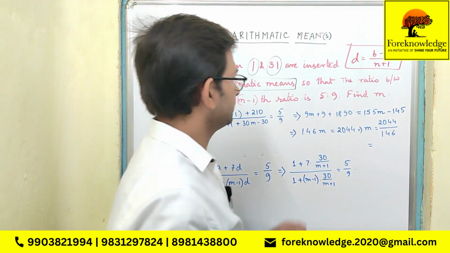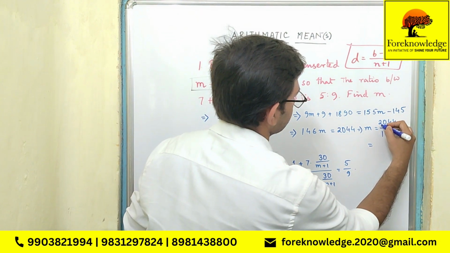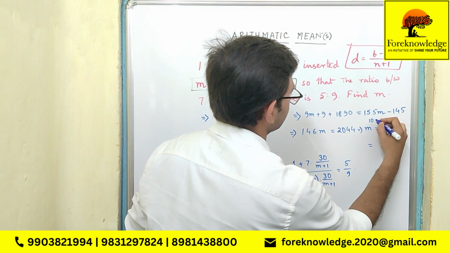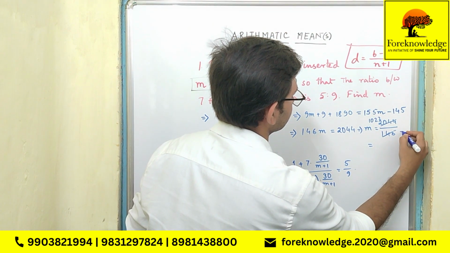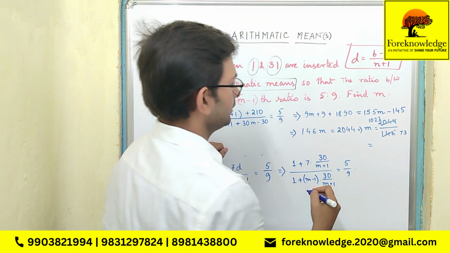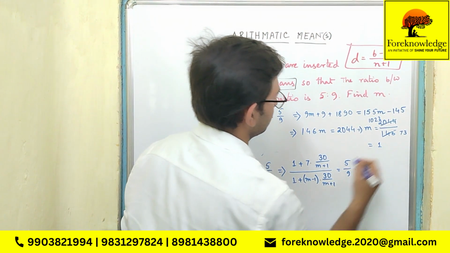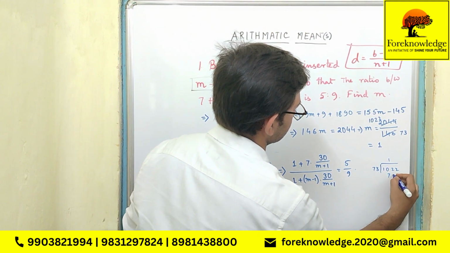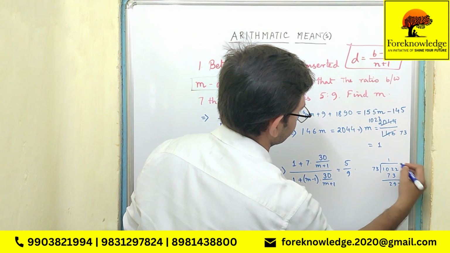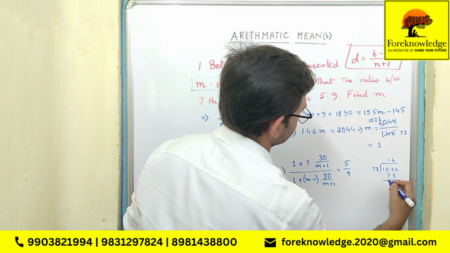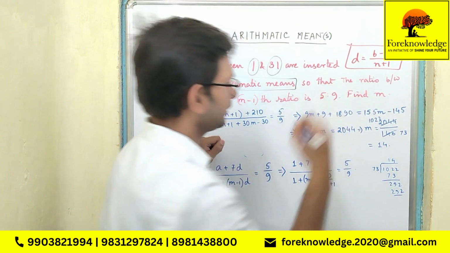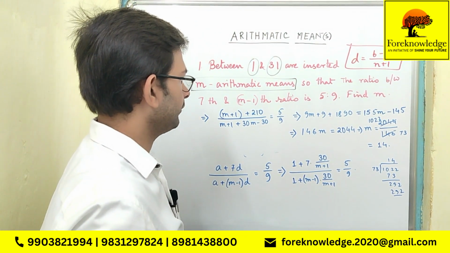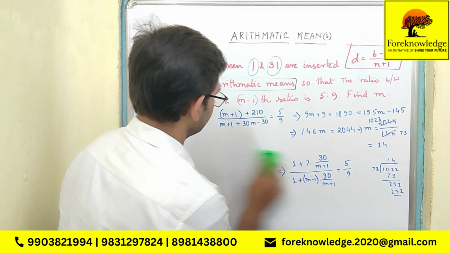Calculate. Cancel out by 2, this is 73. So the value of m will be 40. That is what we need to find.